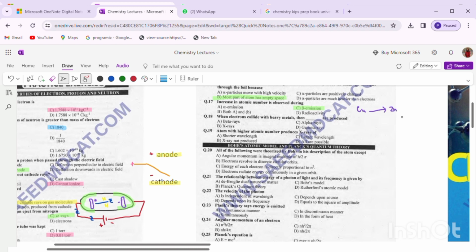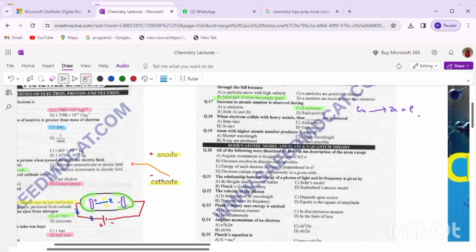You cannot write an equals sign here, however plus, because we are emitting beta, which is a fast moving electron.